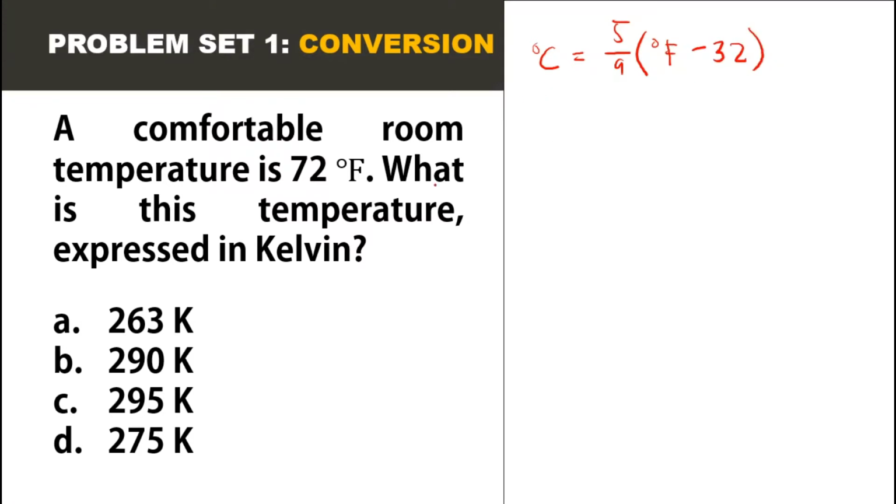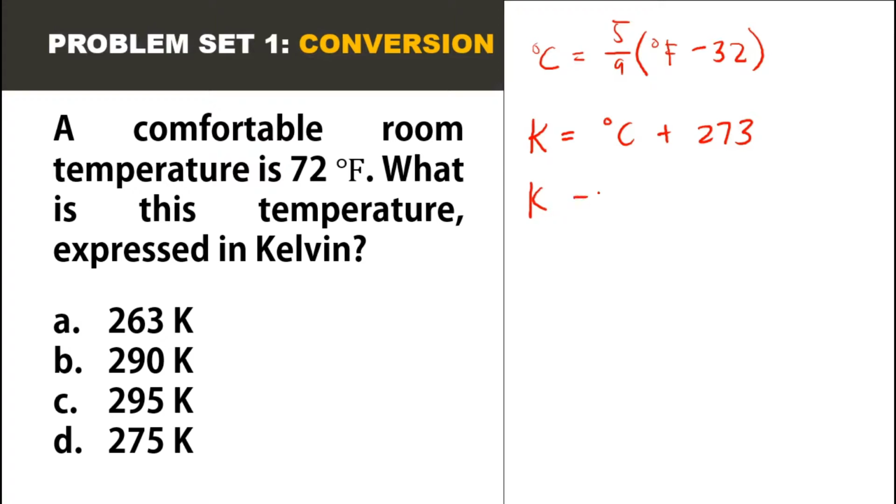And we also have the relationship between Kelvin and degrees Celsius. We don't have the direct formula between degrees Fahrenheit and Kelvin, so we will solve first for degrees Celsius and proceed to Kelvin, that is degrees Celsius plus 273.